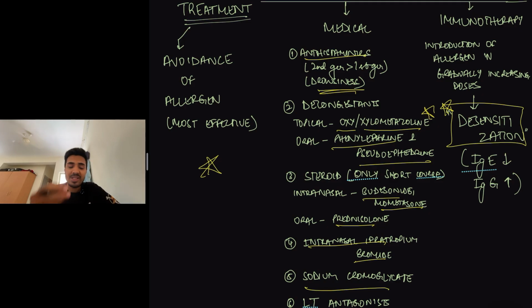So then what happens? There is no longer mast cell sensitization. There is no longer mast cell coating. So the mast cell degranulation will also stop. So that is desensitization therapy. So avoidance, medical management where you'll give steroids, ipratropium bromide, leukotriene antagonists, omalizumab, decongestants, antihistamines, etc. for symptomatic relief and anti-allergic effects, and desensitization therapy.